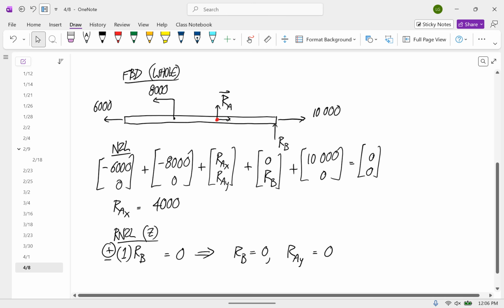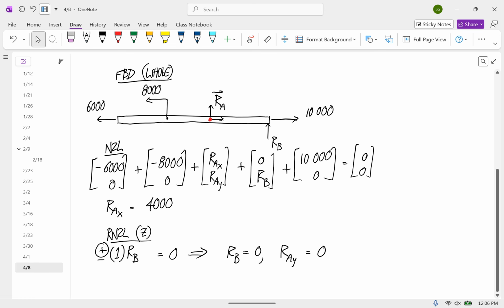And now we'll go to our cuts. How many cuts do I have to make? 3. There's 2 places where there are point loads or changes in distributed load. So we're adding 2 cuts to the default of 1.